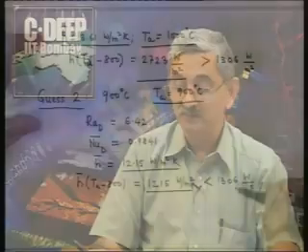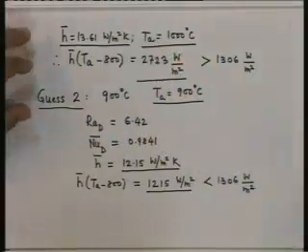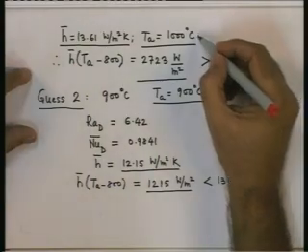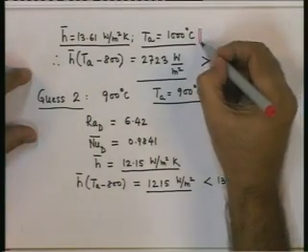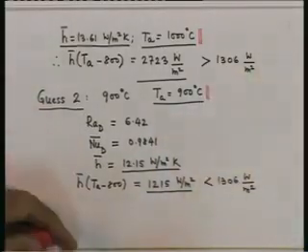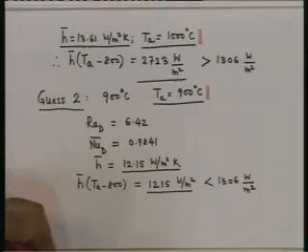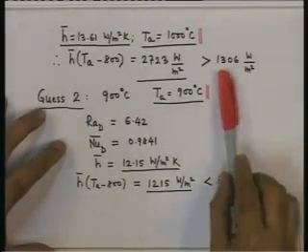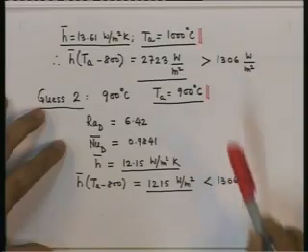That means with one guess we had a higher value, with another guess we have a lower value, and that means that the temperature of the gas, air, will have to be between 1000 degrees Celsius and 900 degrees Celsius. We also notice that with 1000 degrees Celsius it is significantly higher than 1306.